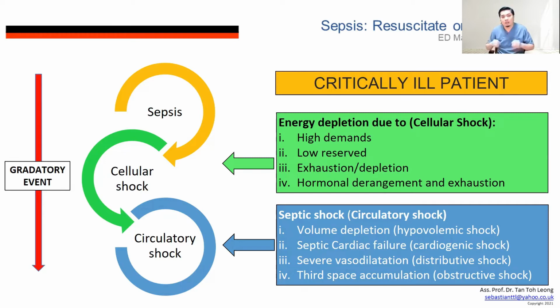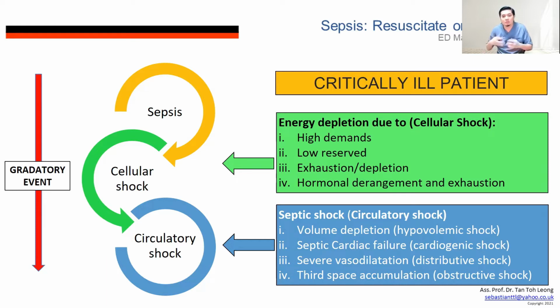Why can we not attend to the circulatory shock first? Because if we tackle the circulatory shock, sometimes we will give more fluid and then inotropes or vasopressors. This kind of resuscitation gesture will hasten the ATP depletion, because the medication needs ATP to work and cause the cells to contract, especially the vascular wall.